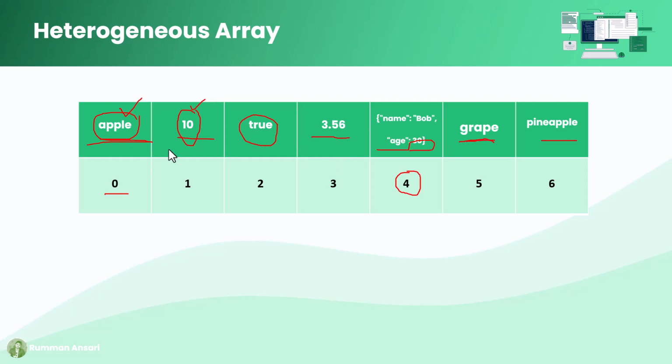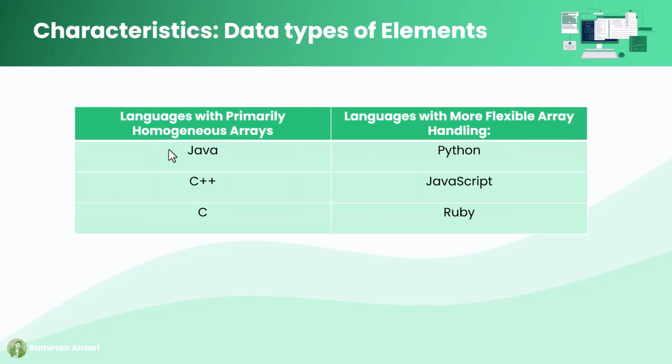Now let's take an example of in which programming languages we use homogeneous arrays and in which we can use heterogeneous arrays. So here is our example. On the left side you can see the languages with primarily homogeneous arrays. In the C programming language, if you already know it, you know that we store data which is homogeneous type, as well as in C++ and Java.